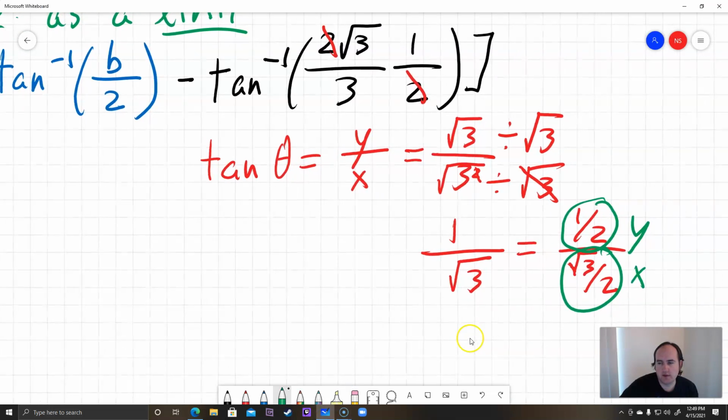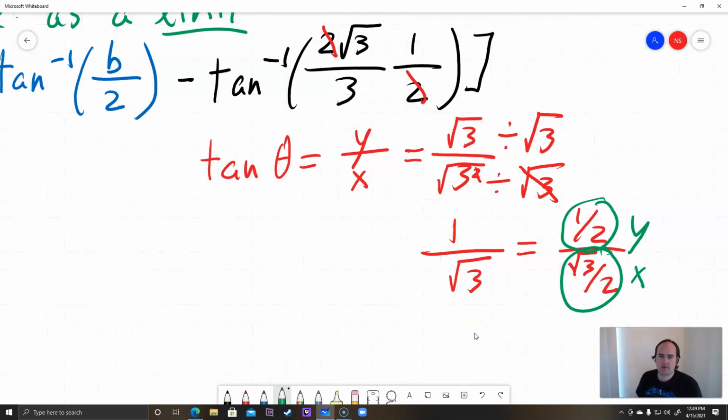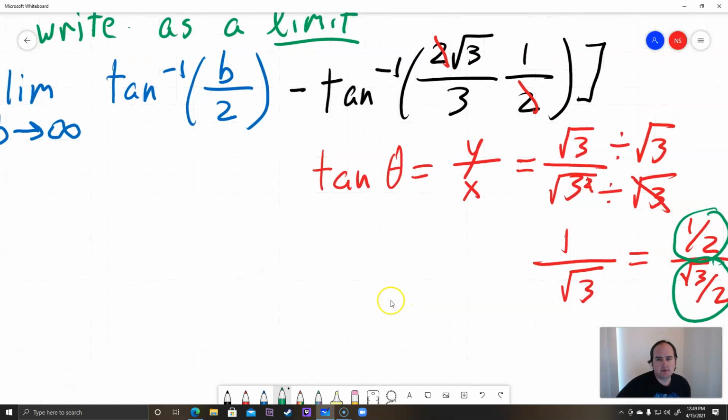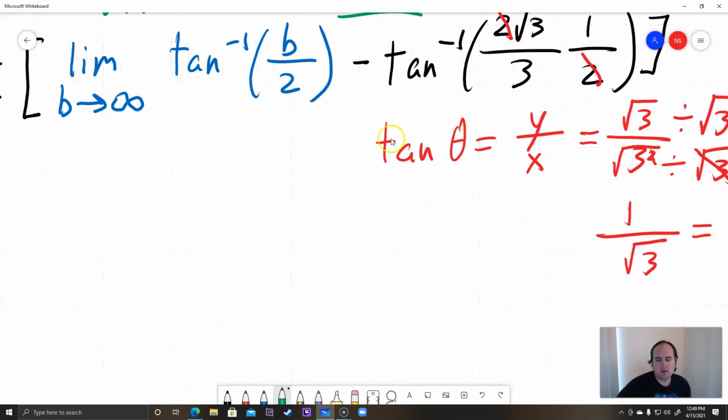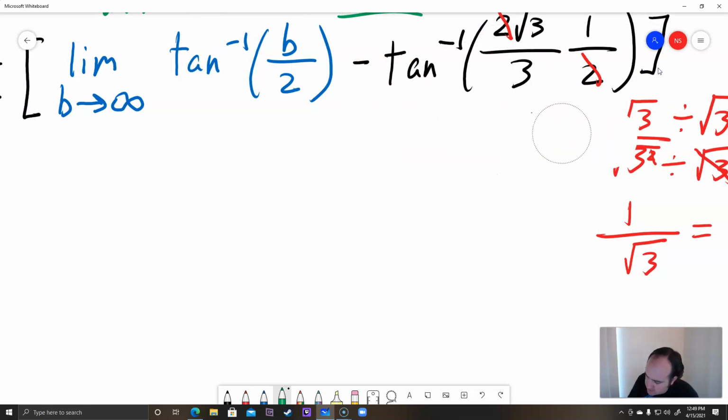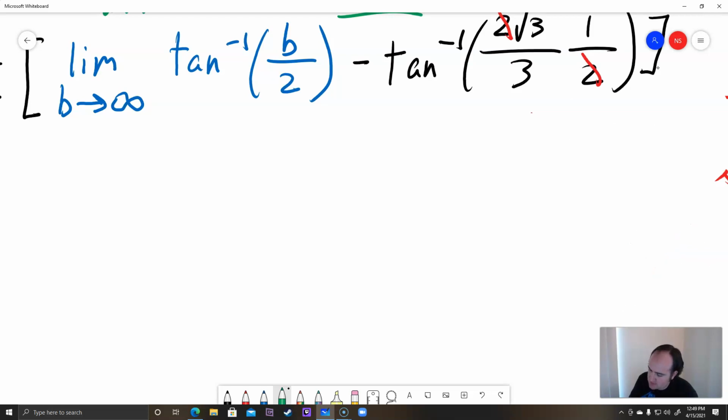So that means tan inverse of root 3 over 3 is pi over 6. So going back here, we're actually going to be subtracting pi over 6. Okay, so minus pi over 6 there.